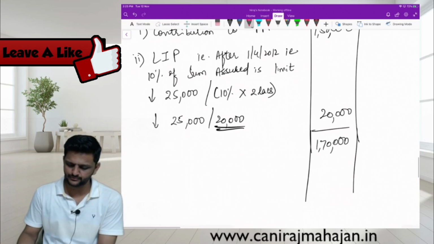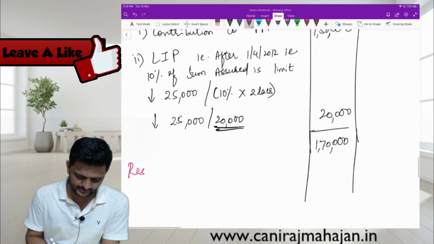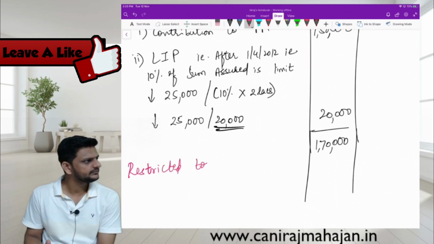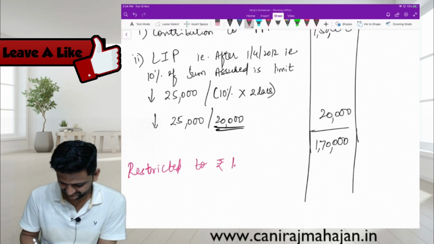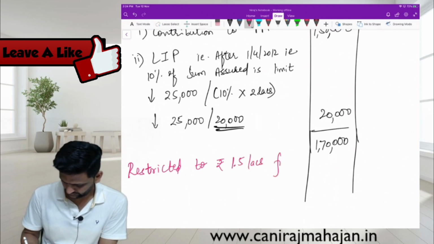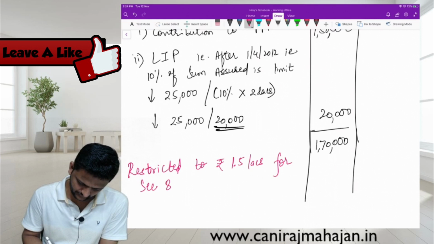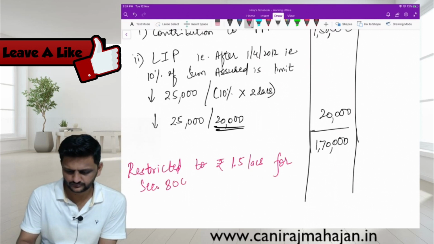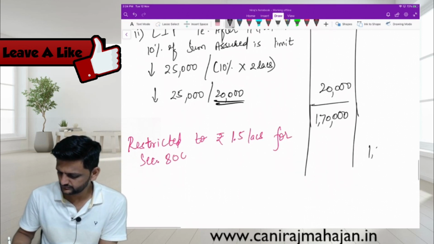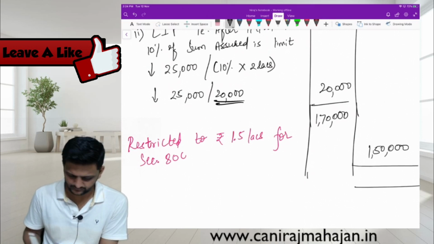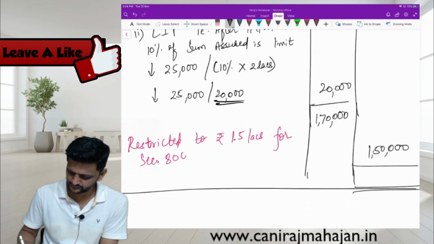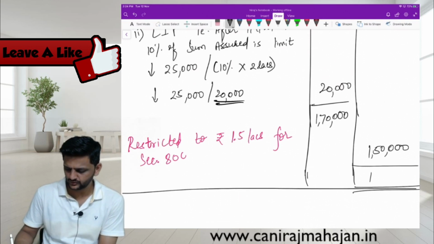Restricted to rupees 1.5 lakh. 1,50,000.